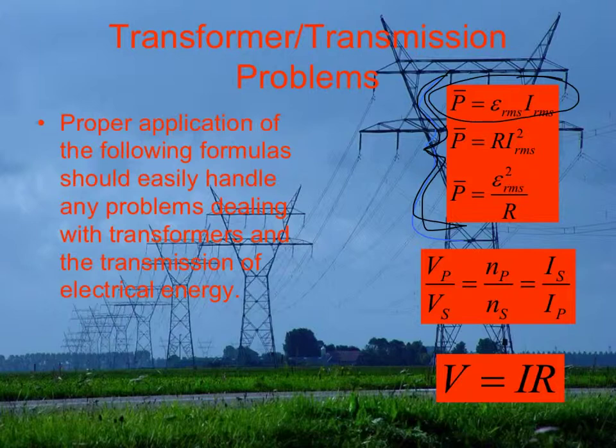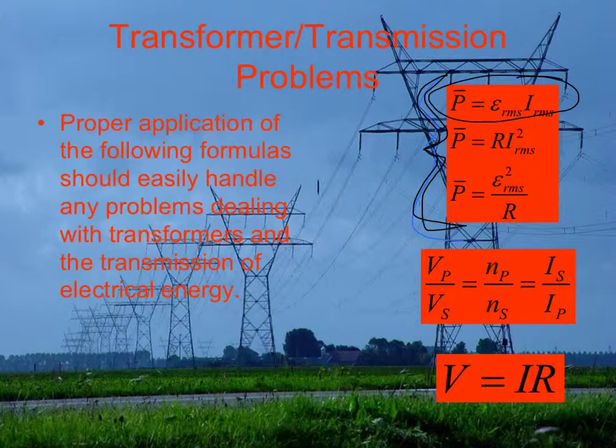Second one, the average power is the resistance in the wire times the square of the root mean square of the current. And the third one is average power equals the square of the root mean square of the EMF divided by the resistance.